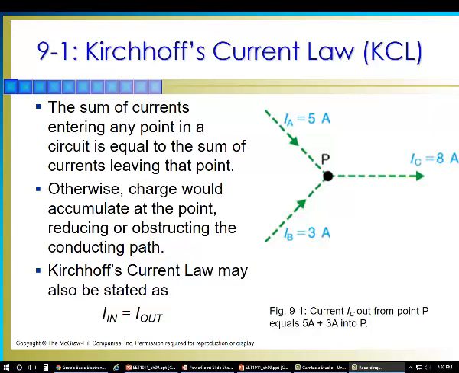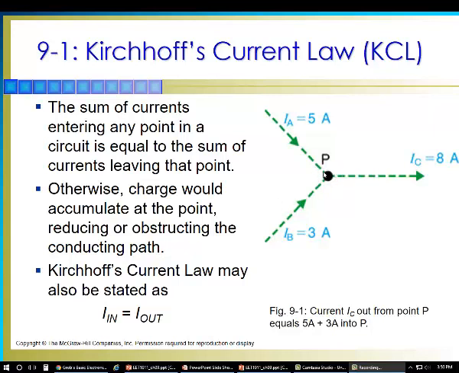If that doesn't happen, then that node will be accumulating charge, and this will reduce or obstruct the conducting path of current. Or we can also state that current in must equal the current out.